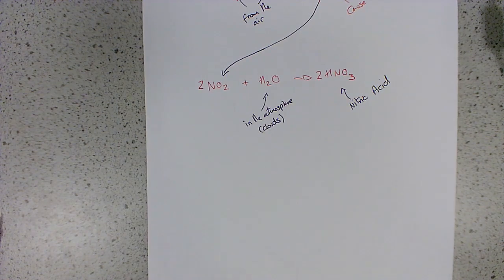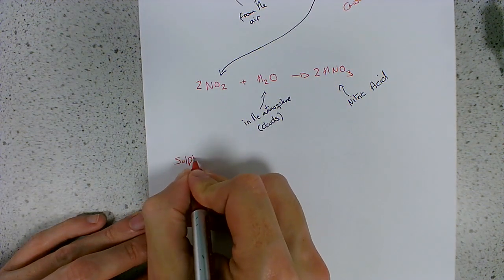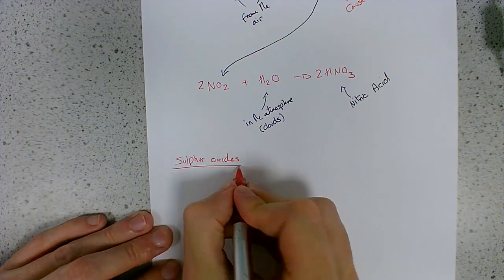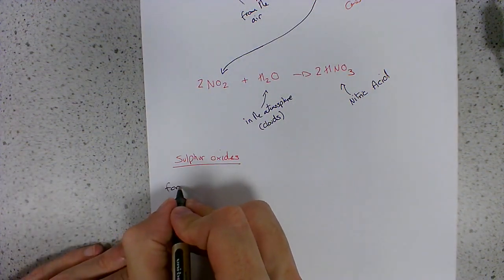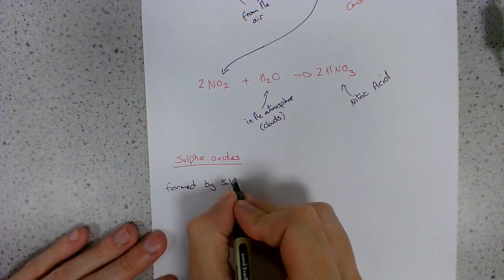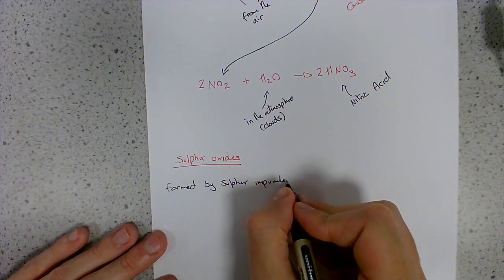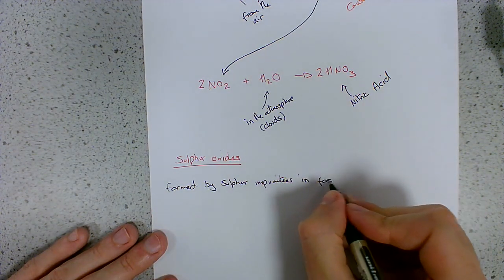Now, nitrogen oxides aren't the only cause of acid rain. The other one is sulfur oxides. So sulfur oxides are formed by sulfur impurities in fossil fuels.